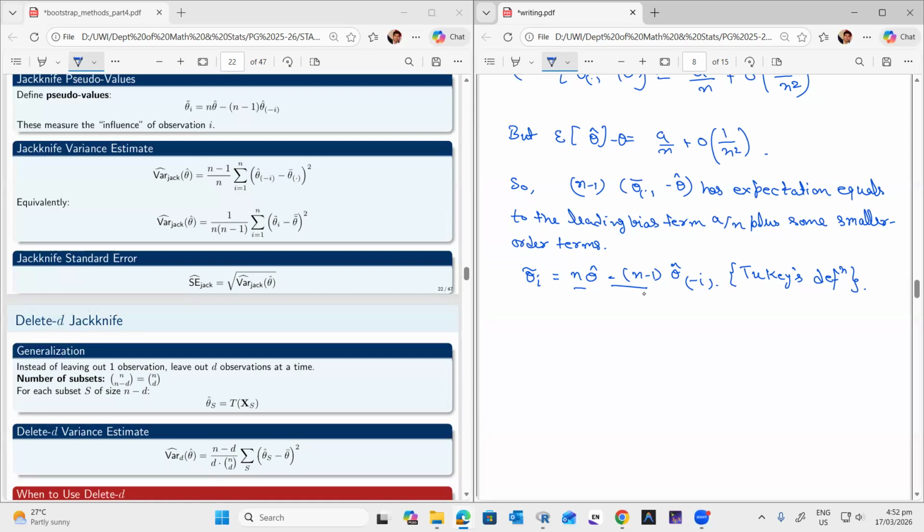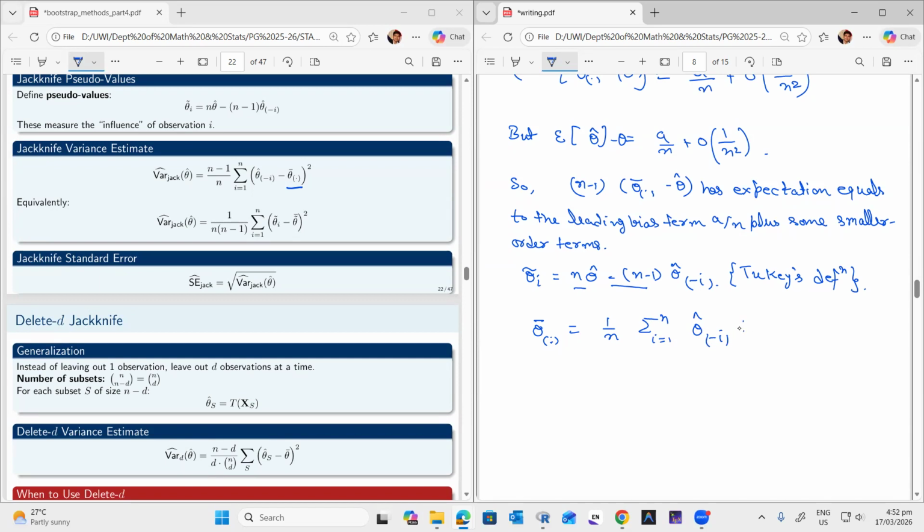Here theta cap minus i are the leave one out replicates, and theta bar dot equals 1 upon n, because n samples we are going to collect, summation over i goes from 1 to n of theta cap minus i.